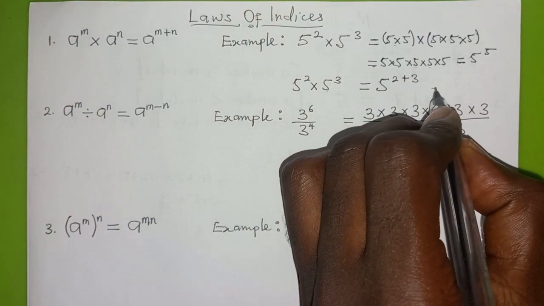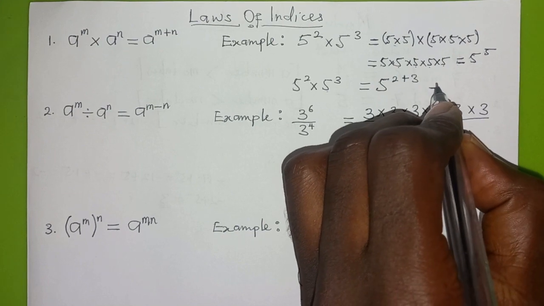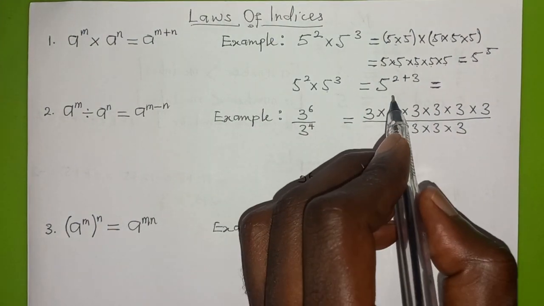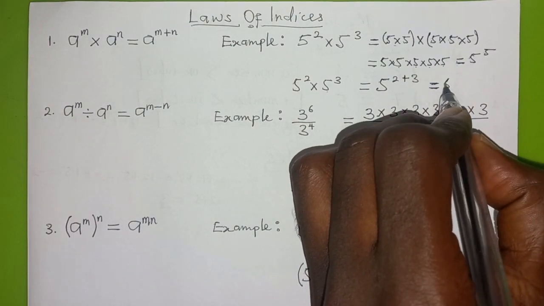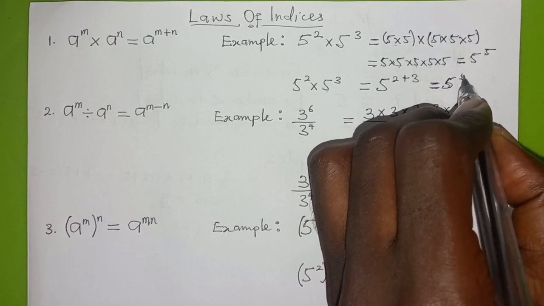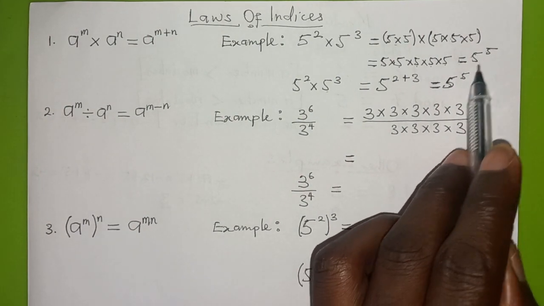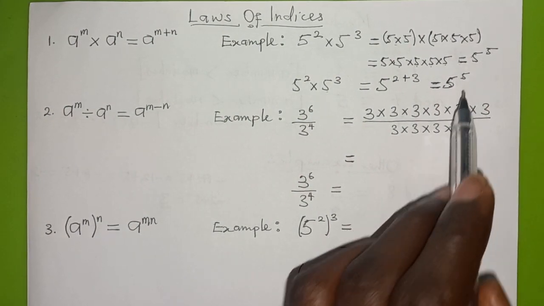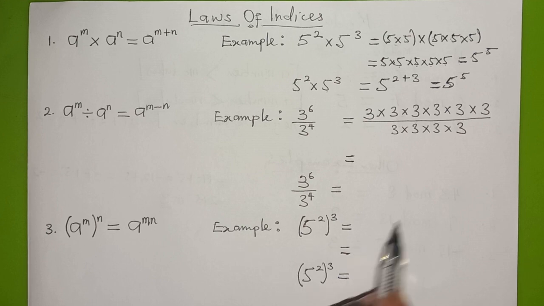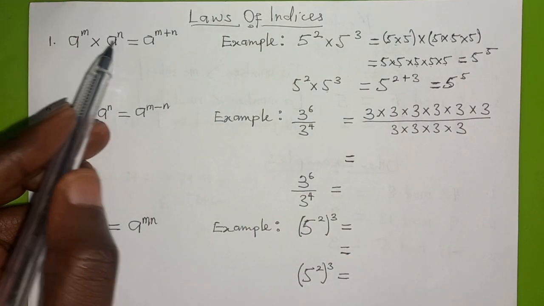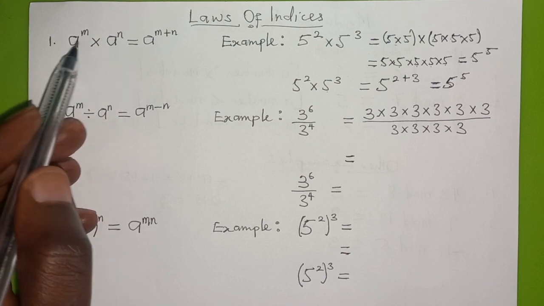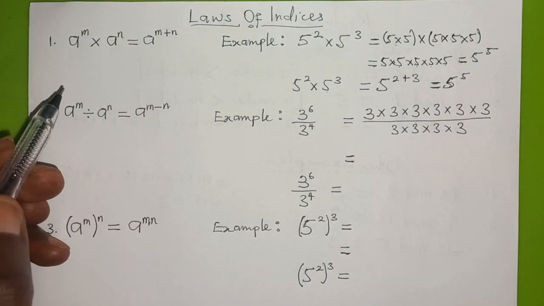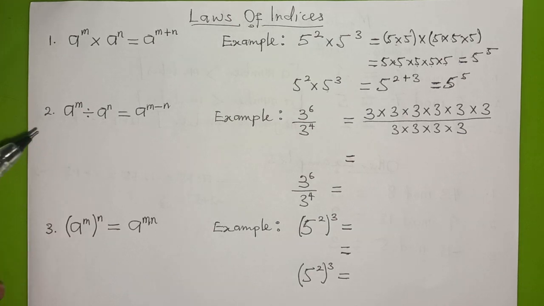So if that happens, then we can boldly say that 2 plus 3 is 5, which becomes 5 raised to the power 5, the same as the first answer. So that is why anytime at all we multiply two numbers which are the same, then their powers are going to add. All right, so let us move on to the second law.